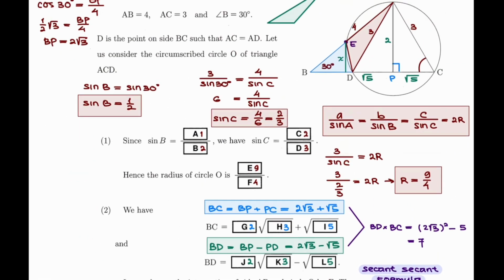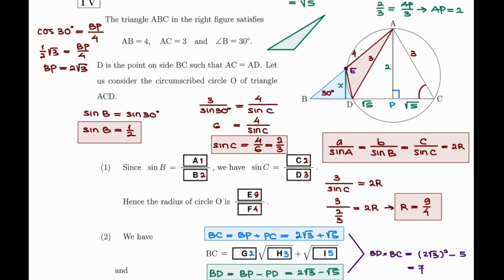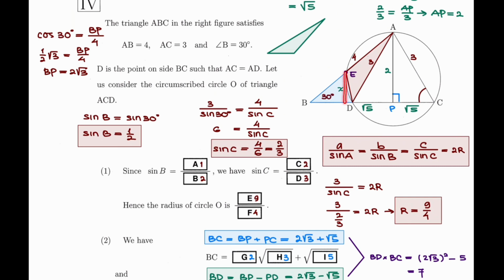To find the value of x, you can look at this small right angle triangle. As you can see from this diagram, if you want to find x, you know this angle is 30, and then we already know BE. I can use sine 30. Sine 30 is equal to x over BE.